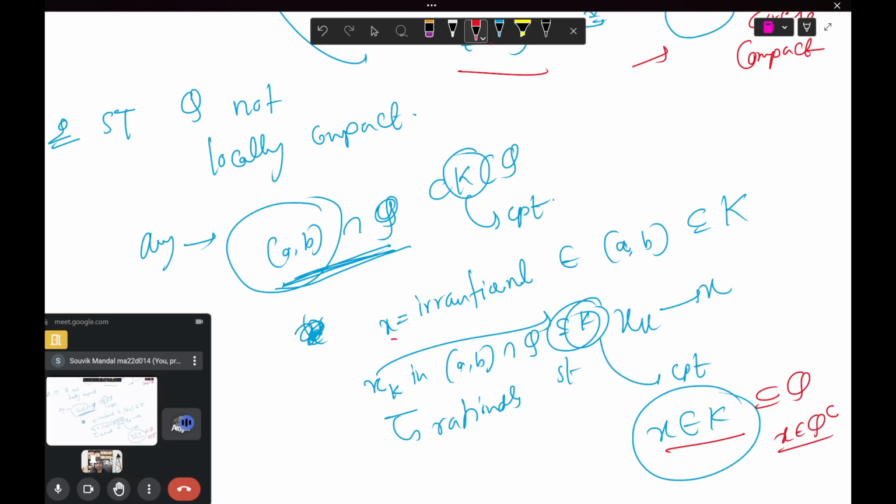But sir, how do we conclude that xk must converge to x? No, no. The thing is, we have chosen an irrational number from the open interval (a,b). Now, by the density property, we get a sequence xk of rationals inside the open interval (a,b) such that the sequence converges to x.